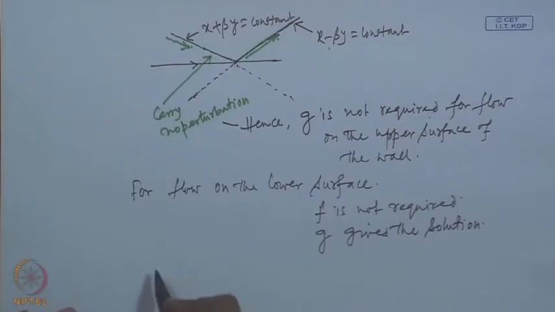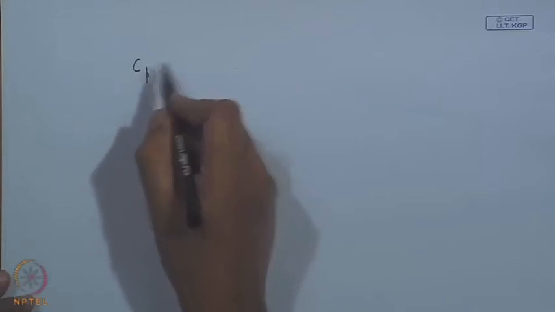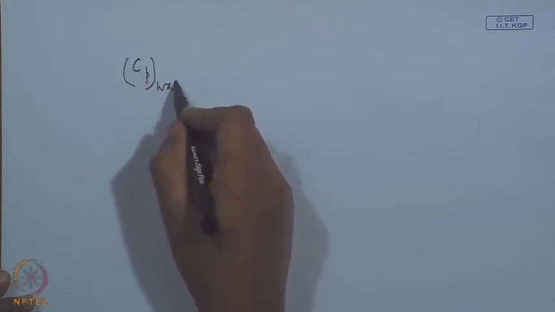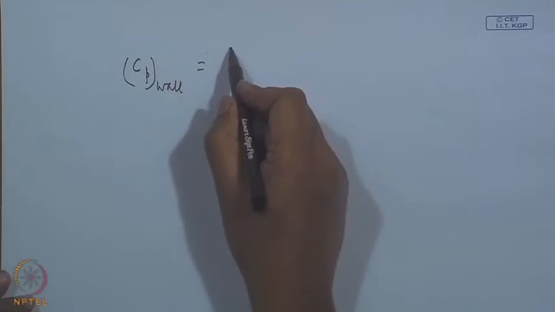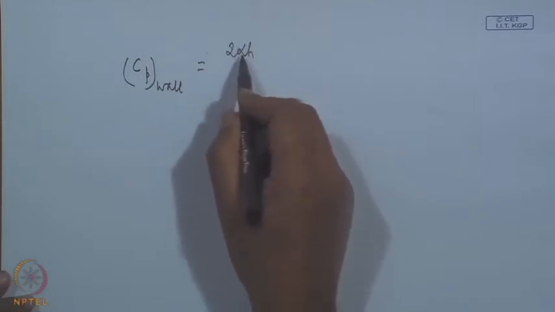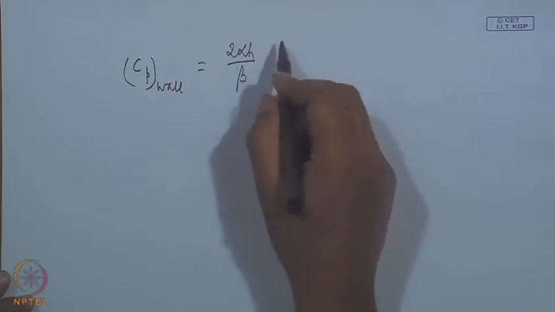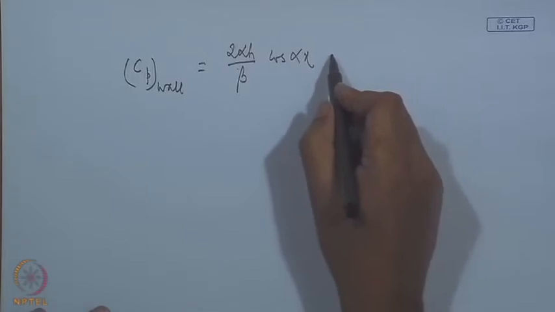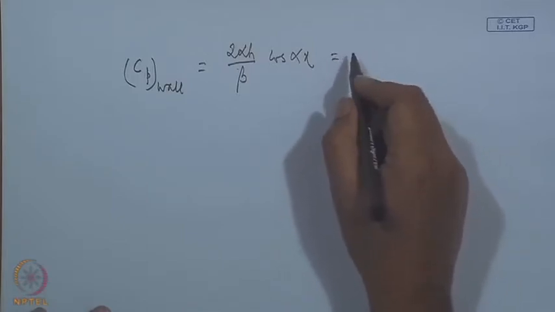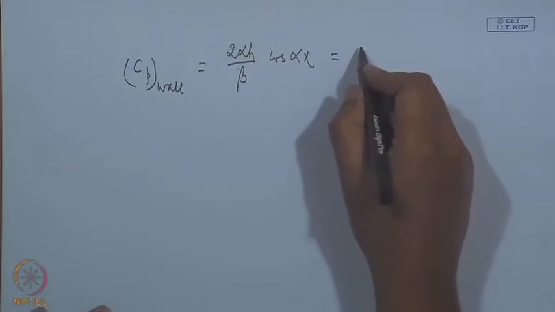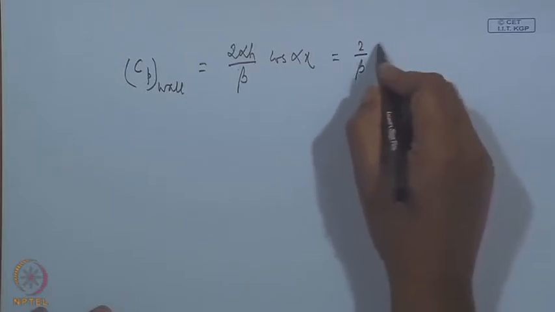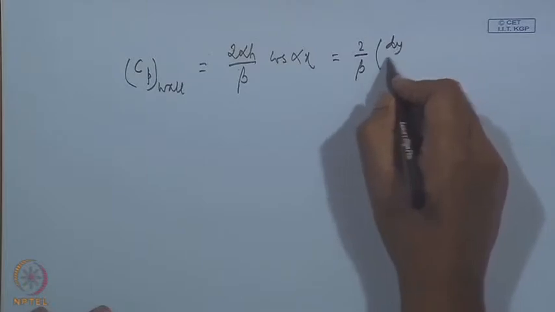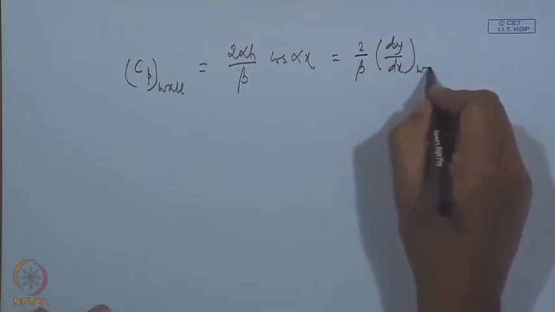Now, let us see the Cp on the wall, the pressure coefficient on the wall: two alpha h by beta cos alpha x, which can be written as two by beta dy dx of the wall.